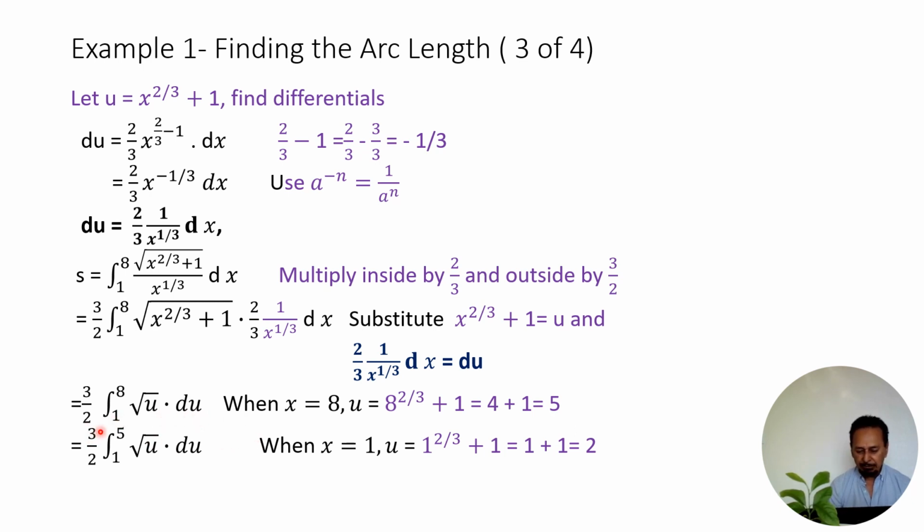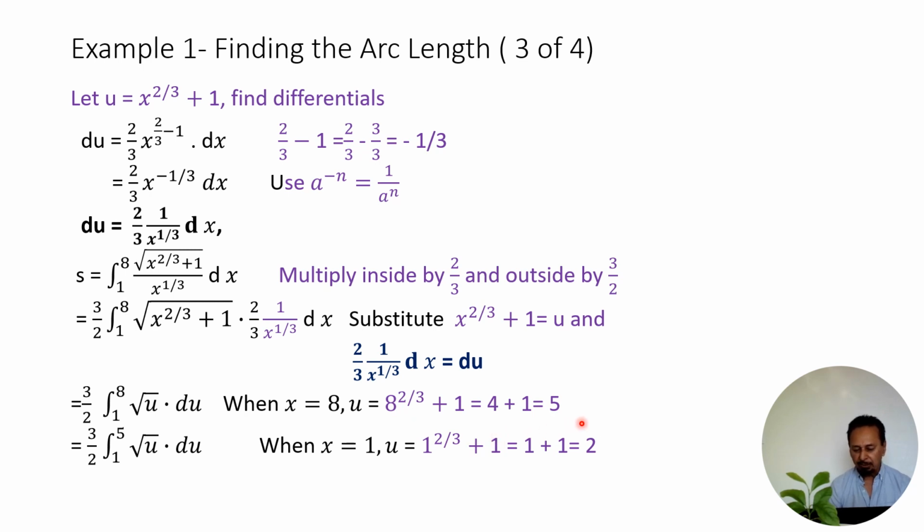The problem here is that the variable is u, but these limits are x values, so we have to find the u values for these x values. We use this formula. When x is 8, we put 8 in this formula: 8 to the 2/3 plus 1. 2/3 means you first find 8 to the 1/3, the cube root of 8, which is 2, and then square the 2, which becomes 4.